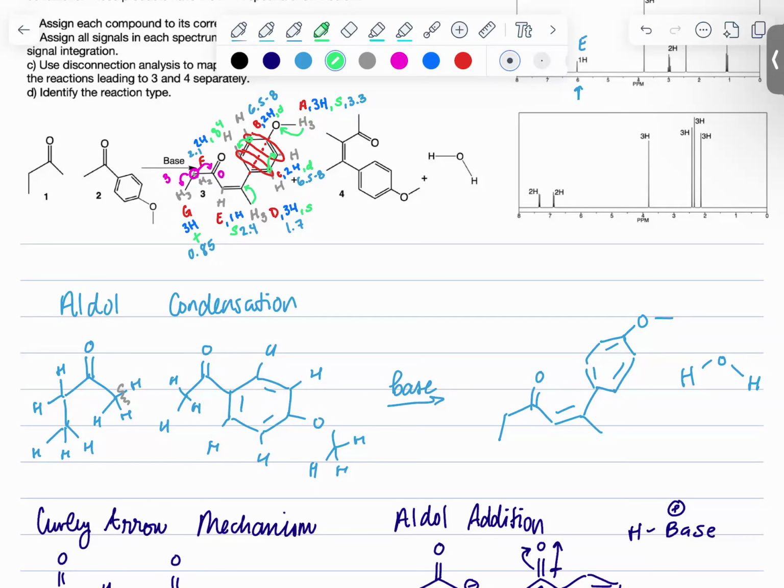Not off the hydroxide. So this is going to follow our elimination reaction, but it's not just like E1 or E2. We have a base. So we're going to do E1CB. So what's the first step of E1CB?